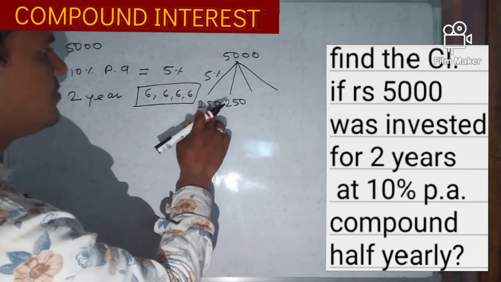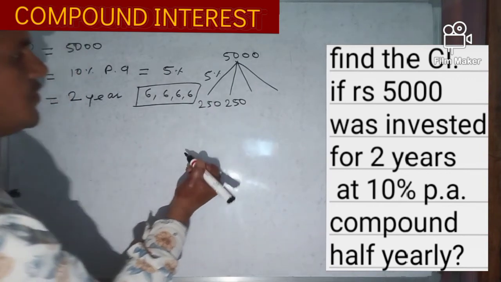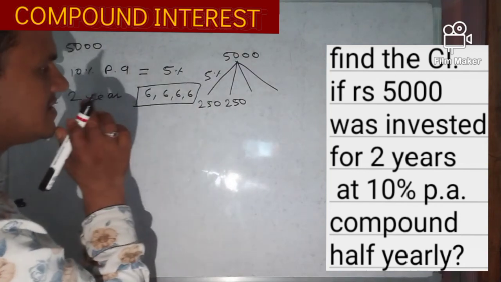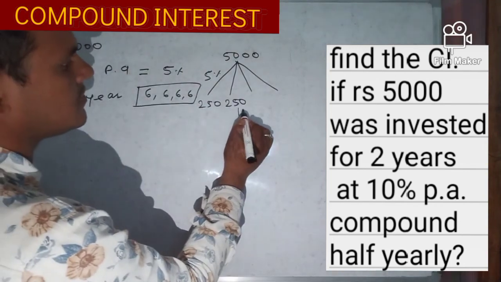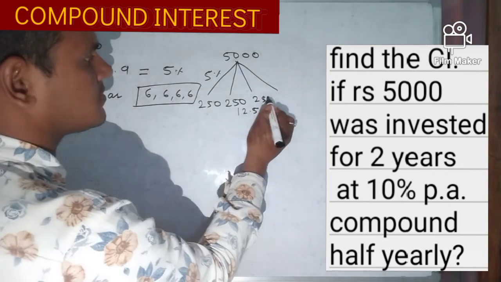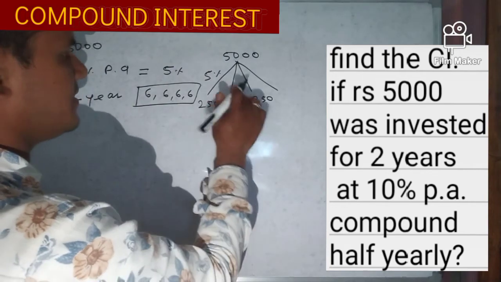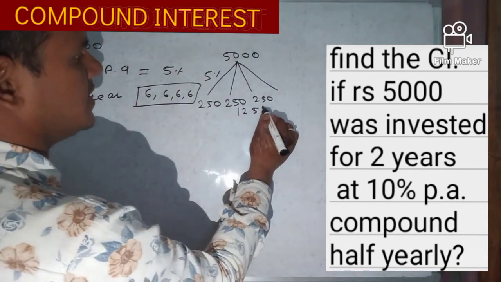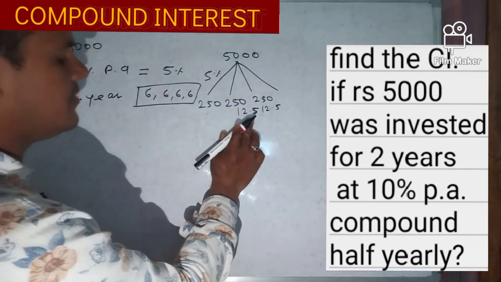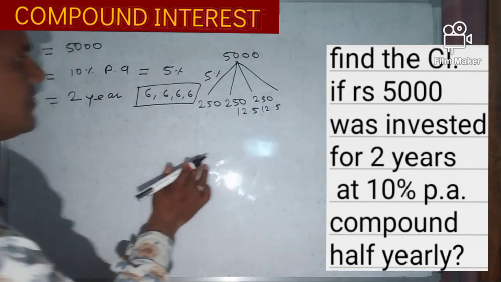So what will be 5% of 250? 10% will be 25, so 5% will be 12.5. Now this is 250 and here will be again 12.5. And what will be 5% of 12.5?